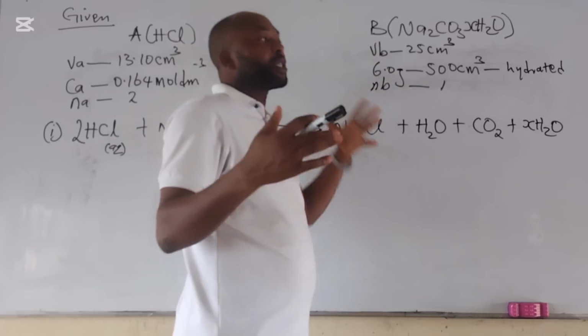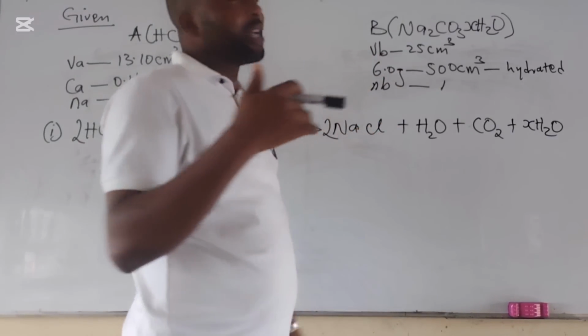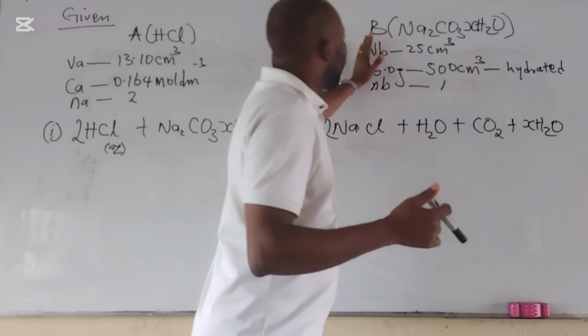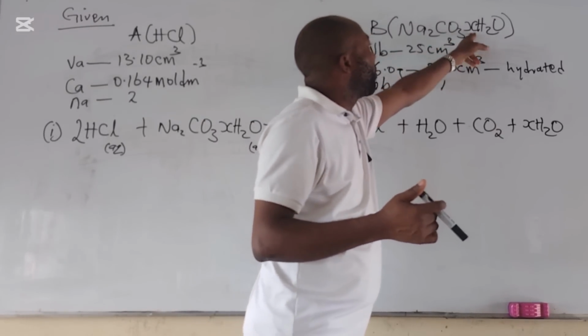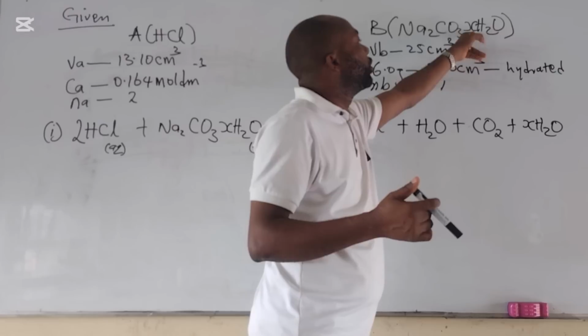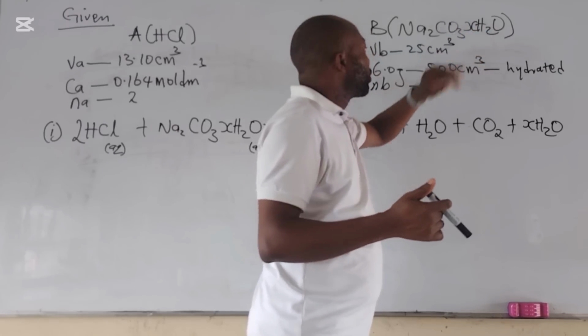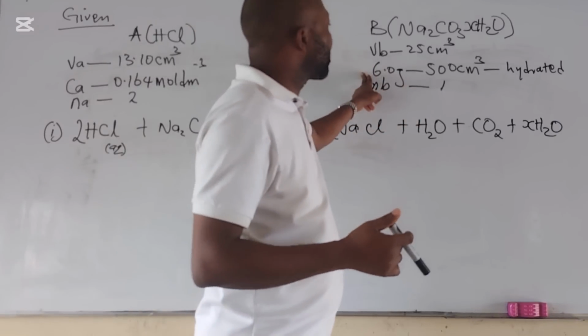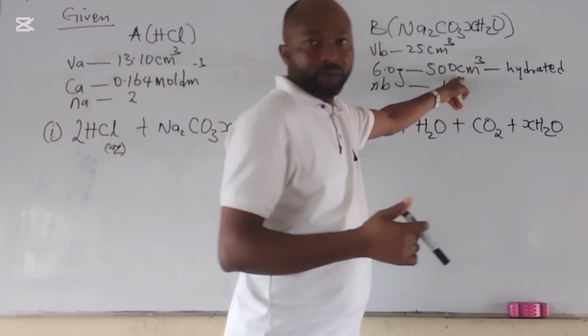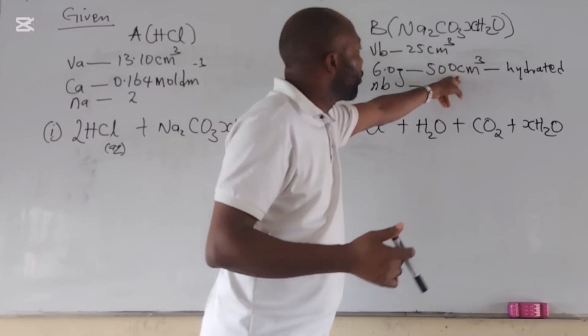We have a formula for mass concentration to be molar concentration times relative molecular mass. The molar concentration here is not given, and the relative molecular mass is not complete because the X is unknown. But we also have another formula for mass concentration to be mass over volume. So this can go for hydrated.